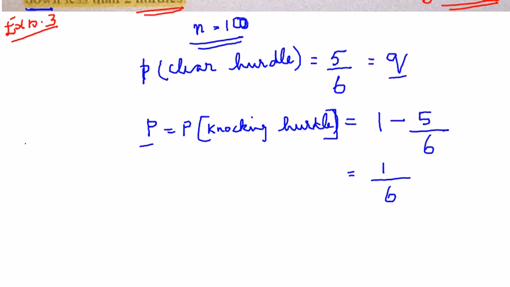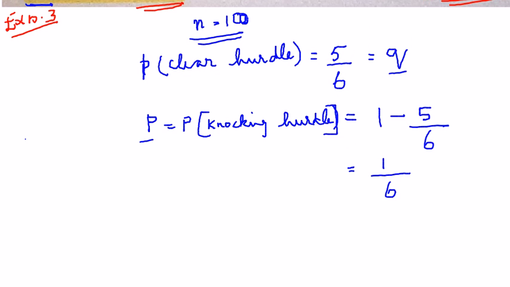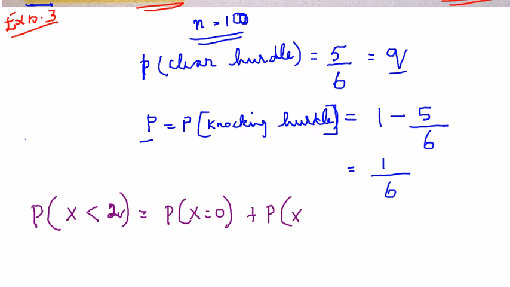Therefore, what you are asked to find is the probability that he will knock down less than 2 hurdles, right? So probability of x less than 2, which is probability of x equal to 0 plus probability of x equal to 1. Now let's write down the formula for binomial distribution.